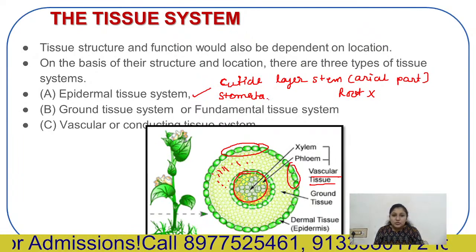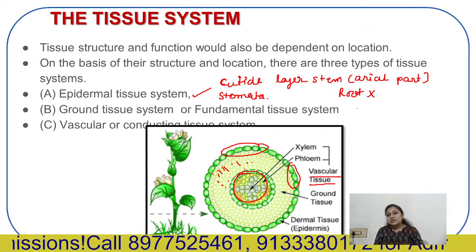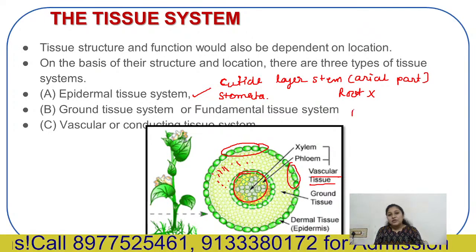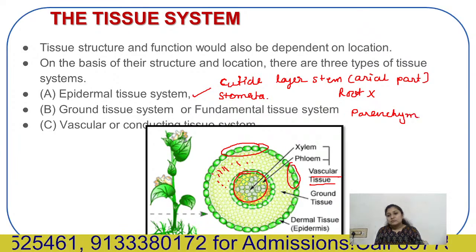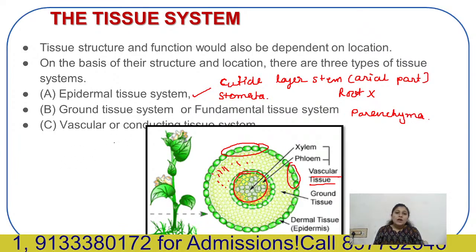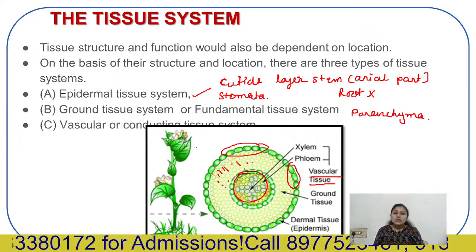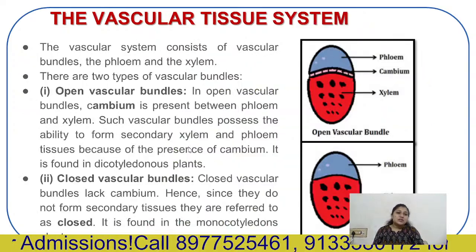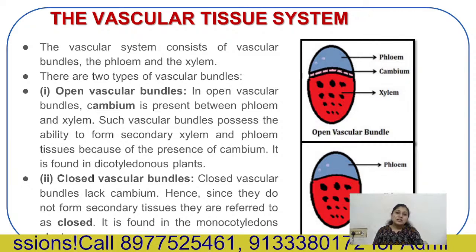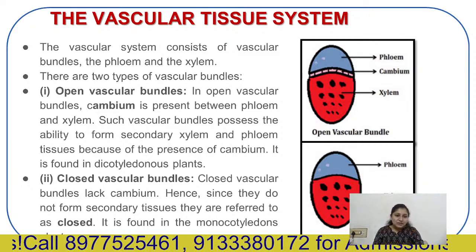Then ground tissue; mostly this ground tissue is composed of parenchyma type cells. And the vascular tissue system consists of vascular bundles, the xylem and phloem.